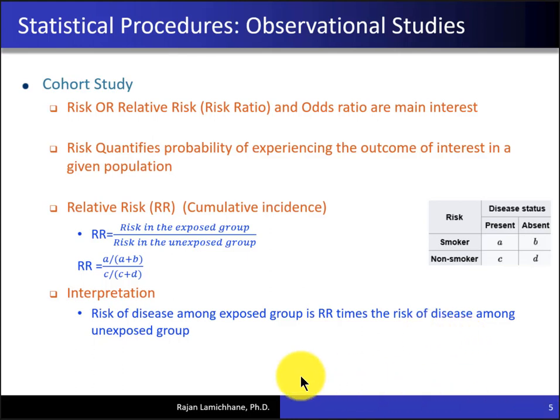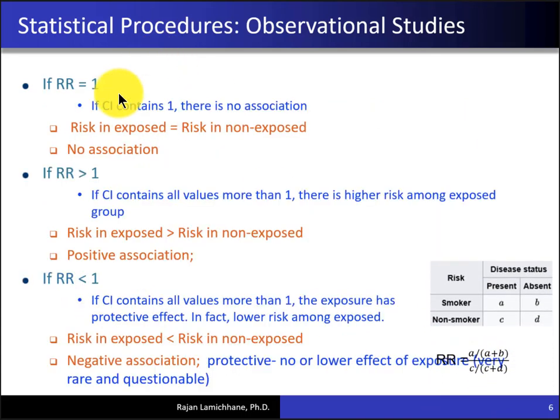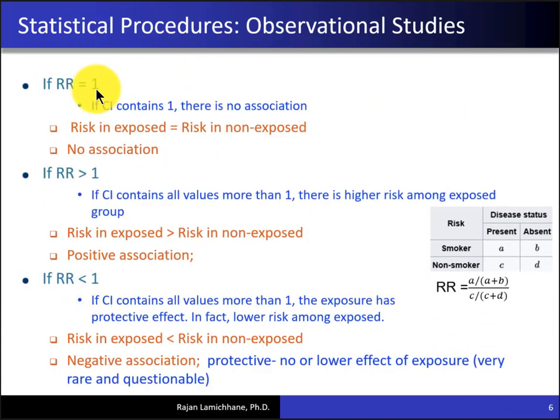Now think about the situation where the risk of disease is the same in both cases. In that case, what could be the value of the relative risk? If the risk of disease is the same in both exposed and non-exposed groups, then the value of the relative risk will be 1. And in that scenario, if the relative risk is 1, then there is no association.